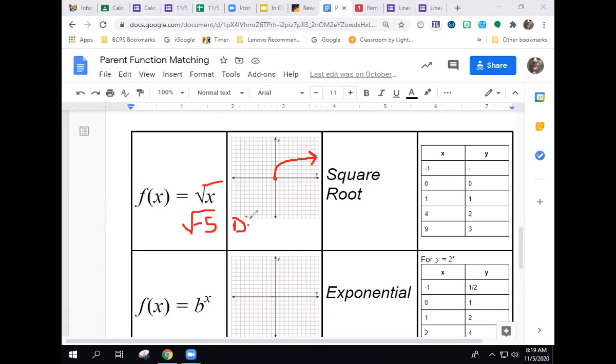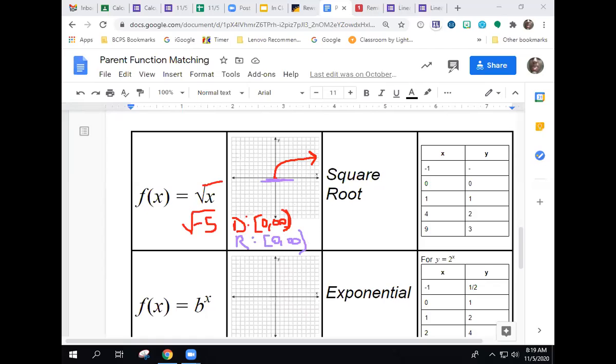So the domain goes from 0, and you can plug any number as high as you want into it. That's fine. That's a parentheses. But that also means our range is restricted, right? So the range starts right here. It doesn't go below. So the range is going to be from 0 to infinity as well.